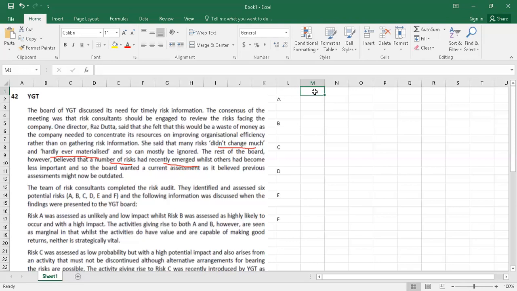If you talk about probability of happening, probability or likeliness, and impact or consequence, where does A stand? A is unlikely, and it has low impact.